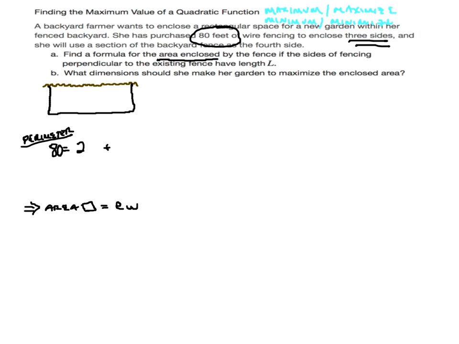They're calling the sides perpendicular to the fence the length, and then this is the width. So we have 2 lengths and 1 width. All right. What dimensions should she make her garden to maximize the enclosed area?